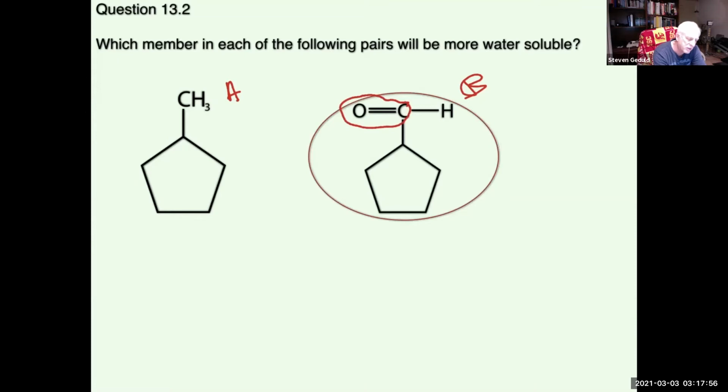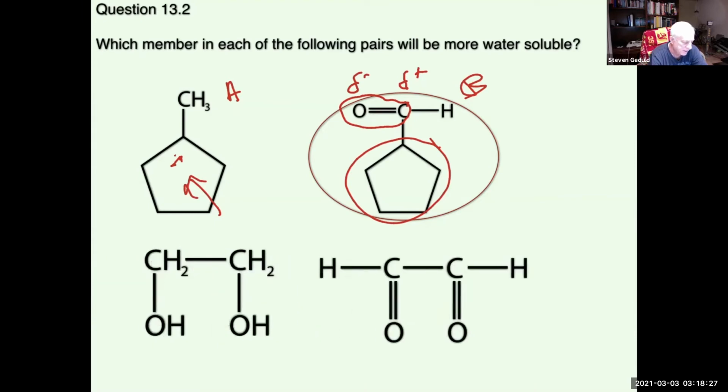Anytime you create a charge, a small minus, small plus, now it's going to dissolve in water as long as this is small enough here. It's starting to get pretty big, but it's still small enough to dissolve in water. But much more than this one here, because there's no oxygen group, there's no charge on it. This is just all hydrocarbons here. So B is going to be much more soluble than methylcyclopentane.